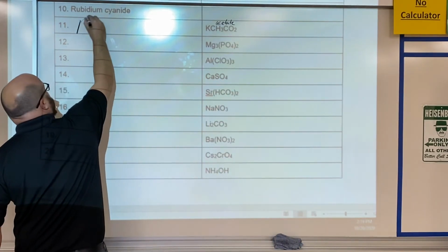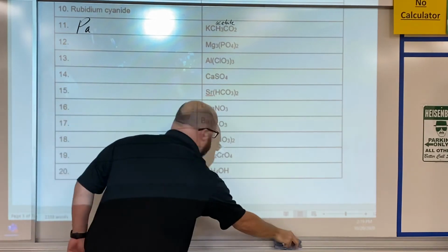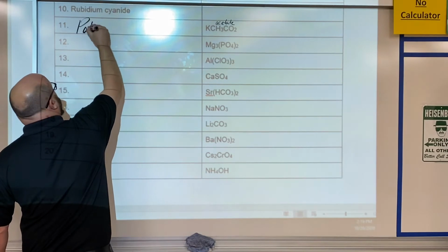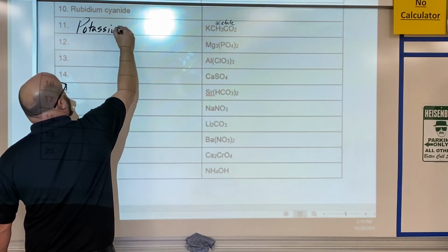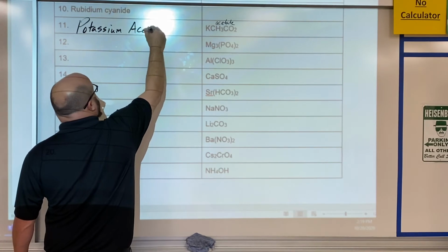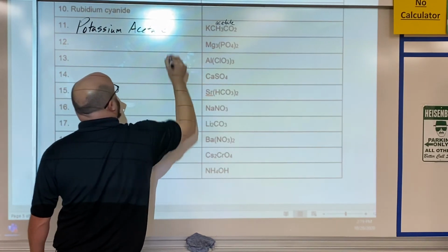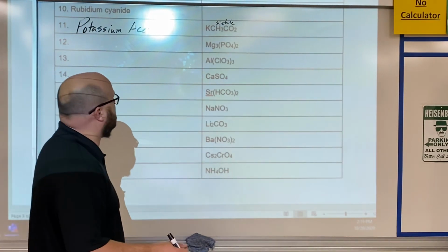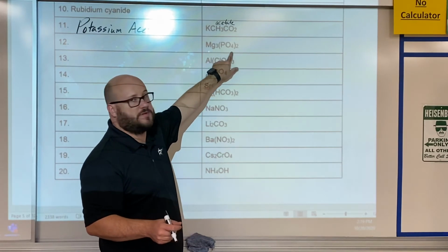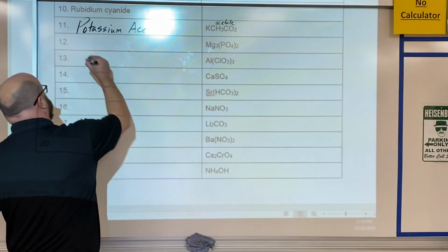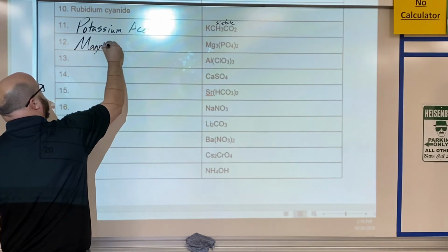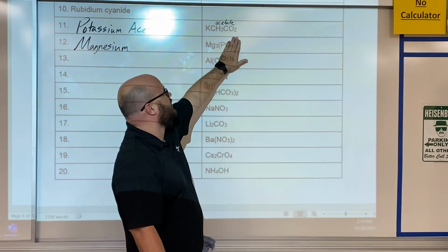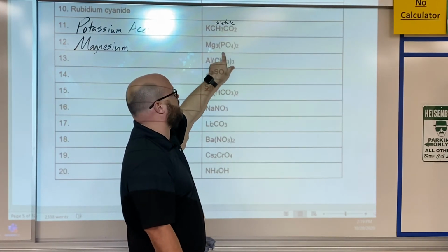Potassium acetate. Simple as that. Next one. Mg3(PO4)2, magnesium, PO4, what's P? Phosphorus, phosphate.